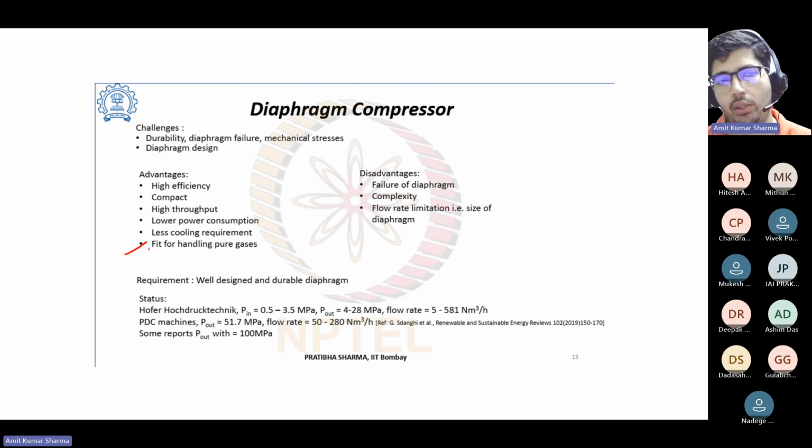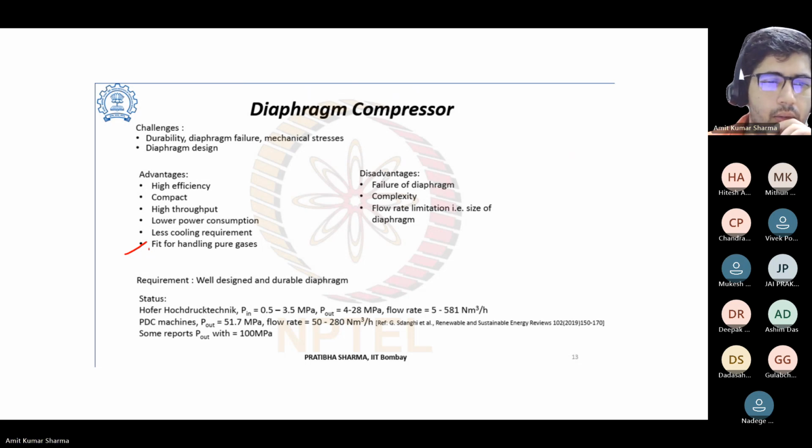The chambers are totally different. Disadvantages: failure of diaphragm, complexity, flow rate limitation. So for a good compressor, we need a well designed and durable diaphragm.